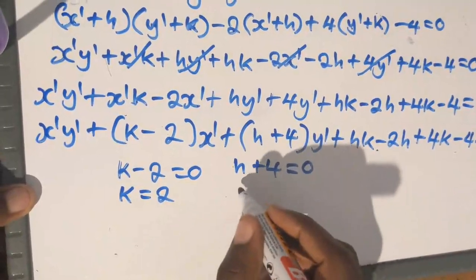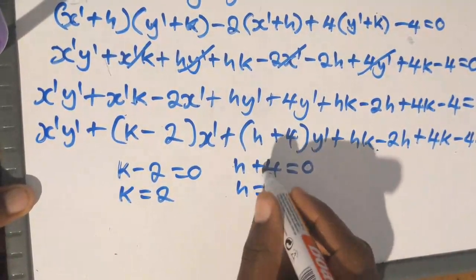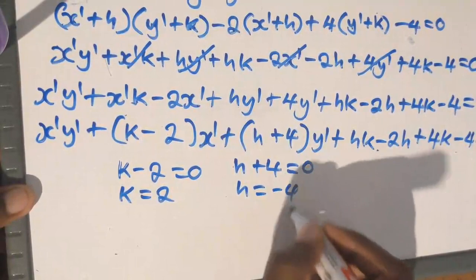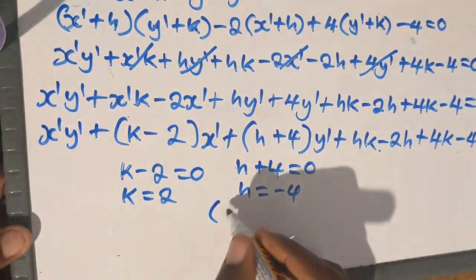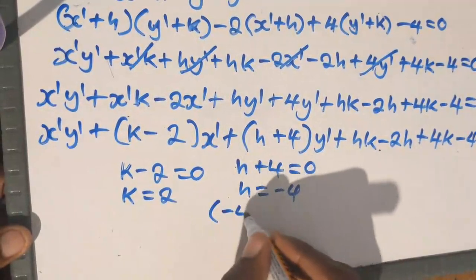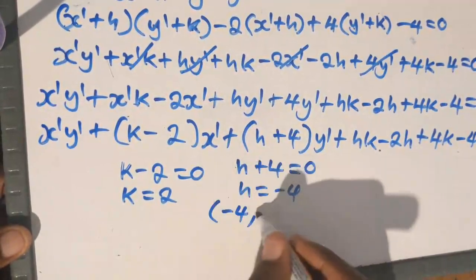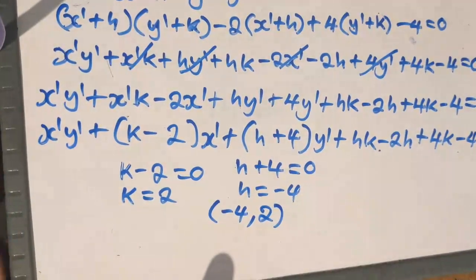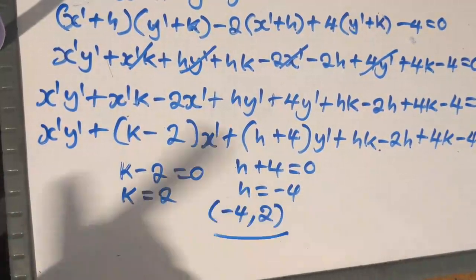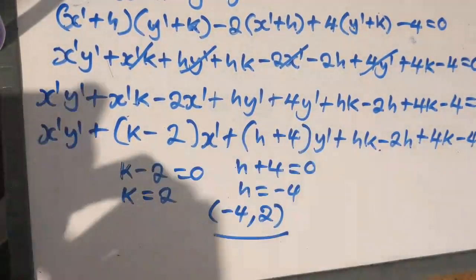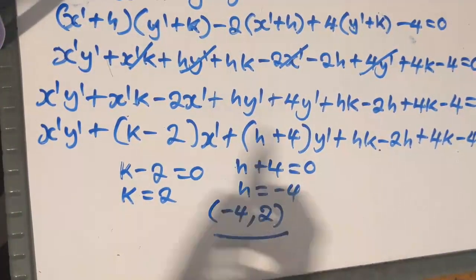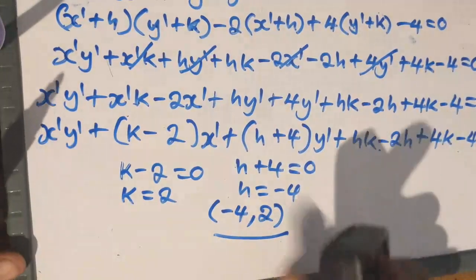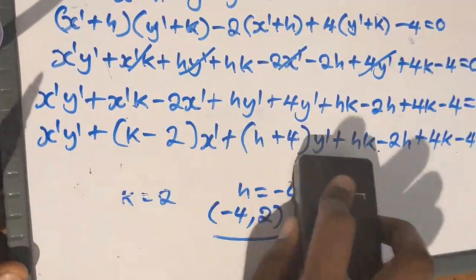So we say h is equal to, this is positive 4, it will be negative 4. So meaning that the center, we have our h is negative 4, comma, our k is what? Is 2. So these are the coordinates that we have. So where there's h, we put negative 4. Where there's k, we put what? We put 2.